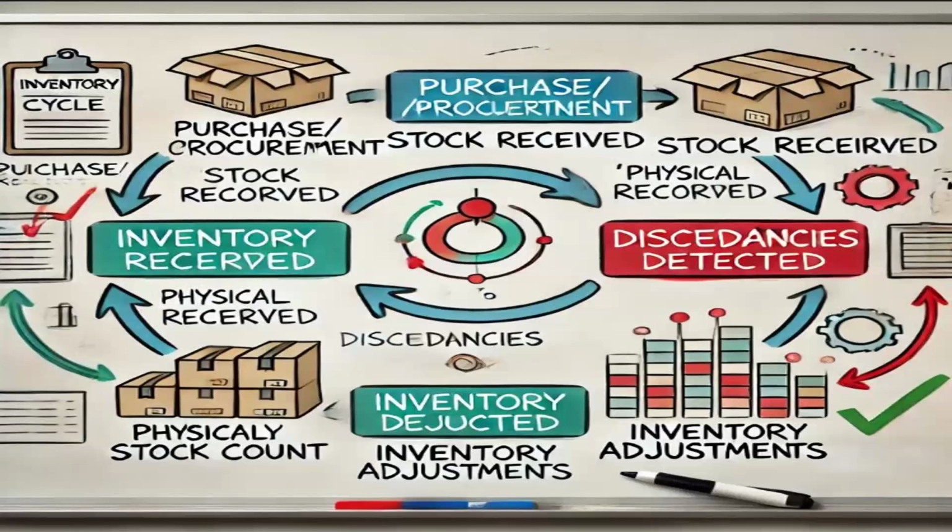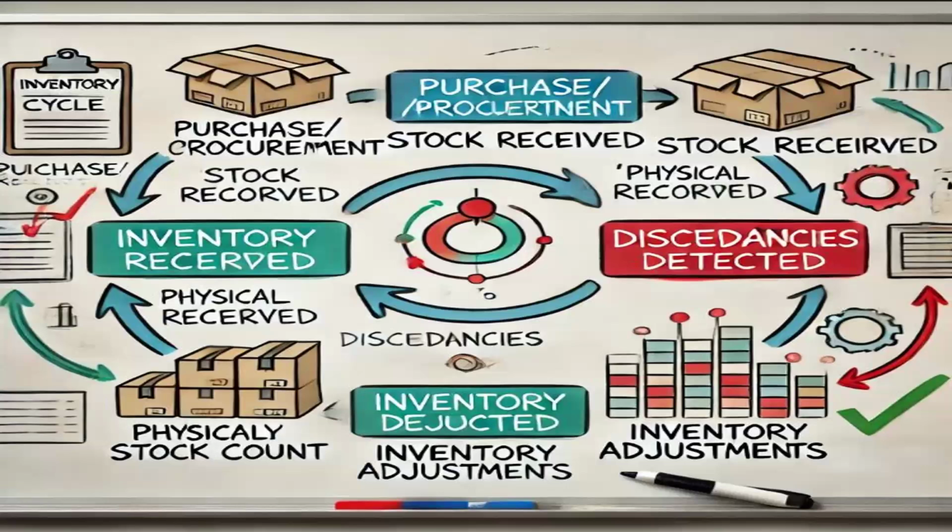It could be shrinkage due to theft, damage, or maybe human error. These discrepancies, if not managed properly, can lead to inaccurate financial statements. It can also lead to supply chain disruptions and increased cost.